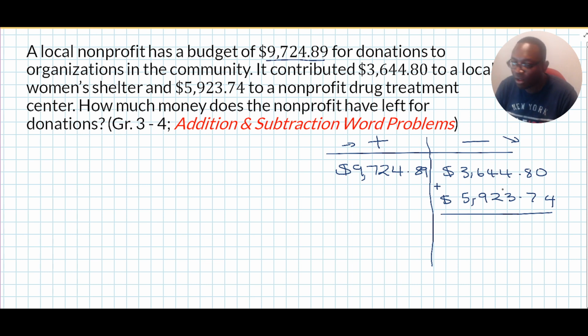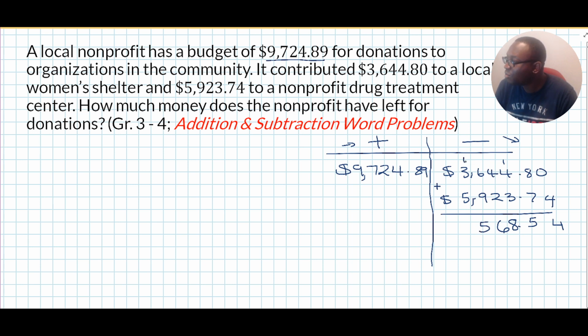So we're going to add all the money that has been given away. So 0 plus 4, we have 4. 8 plus 7, we have 15. So we're going to write 5 here and bring 1 up here. 1 plus 4, 5 plus 3, we have 8. 4 plus 2, we have 6. 9 plus 6, we have 15. So we're going to write 5 here and bring 1 up here.